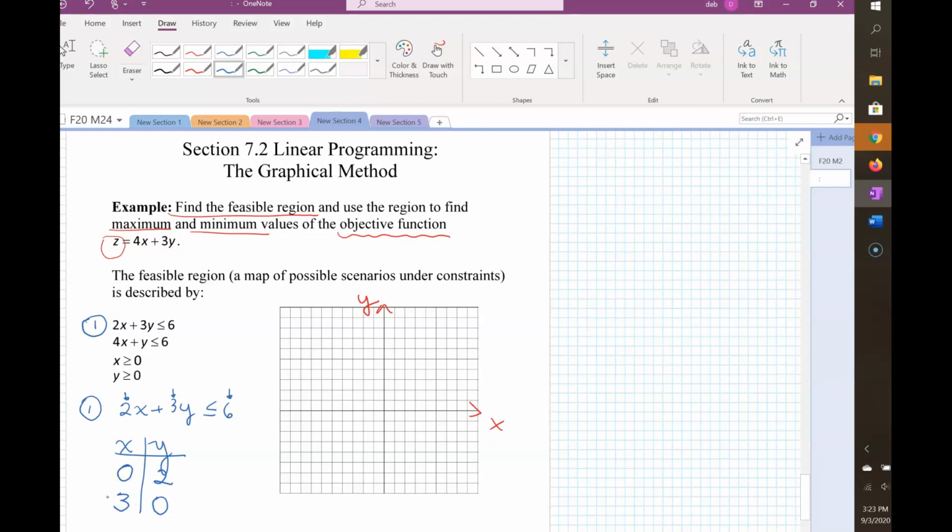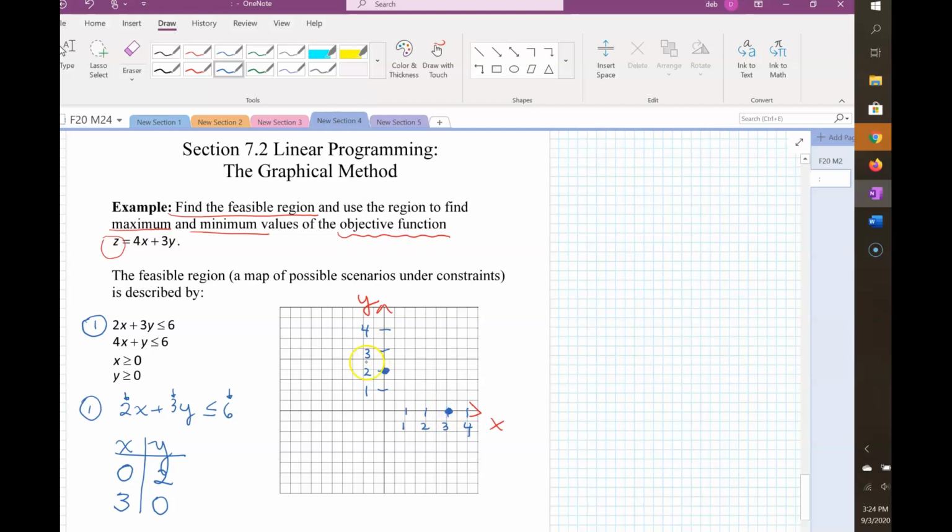So again, I'm going to use a scale where each box is a half because it has the effect of expanding the graph and making it easier to see what's going on. If you have a really tiny graph, it's going to be really hard to tell where your shaded region is. So I have 0, 2 for my y-intercept and 3, 0 for my x-intercept.